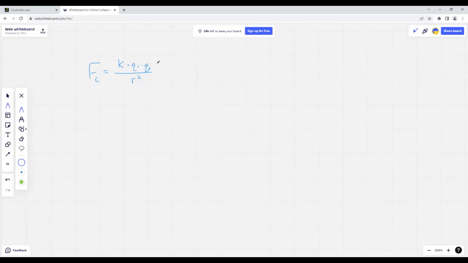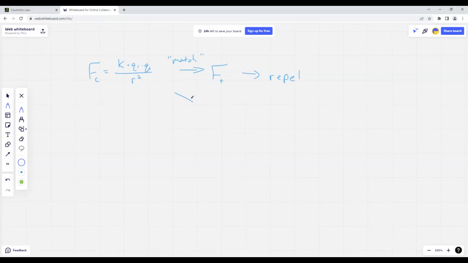So if Q1 and Q2 are both positive or both negative, then that would tell us that we'd have a positive force if the signs match. And that means they're going to push each other away, so they will repel.